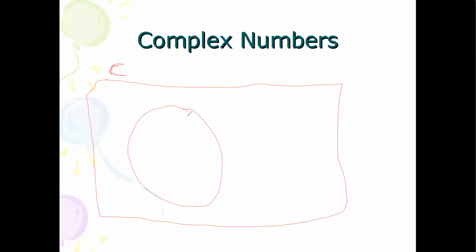And outside of real numbers are imaginary numbers. Long ago, we had all of these other numbers inside here, whole numbers and natural numbers and all the other numbers in there. Now we learn of imaginary numbers.